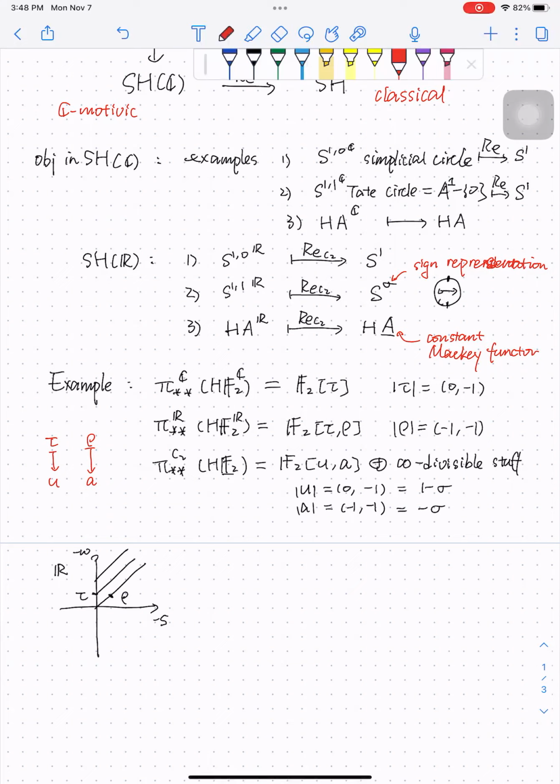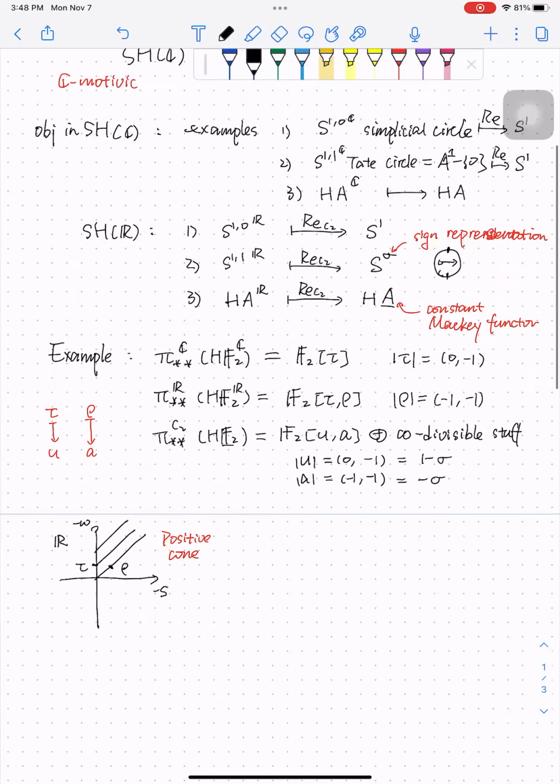And this is usually called the positive cone. This is R-motivic, and C2 equivariantly I have this positive cone. This is A, this is U, and something here. There's nothing in degree 0, 1. And this is usually called the negative cone.